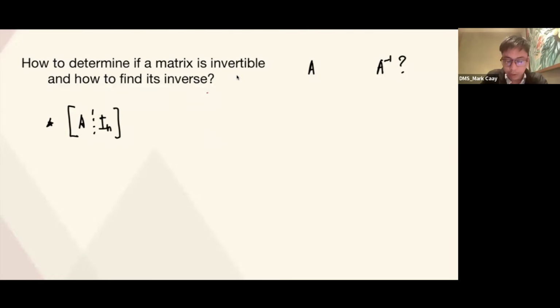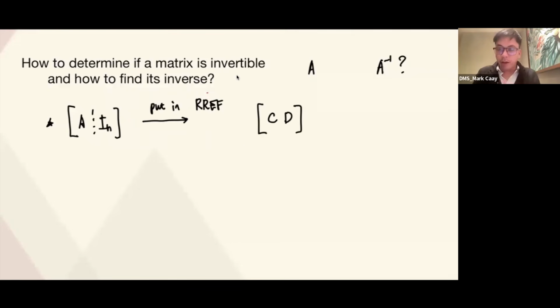We put it together, and then we convert that into RREF. Let's say this augmented matrix is in RREF, and the resulting RREF is [C D]. Then we have certain conditions.